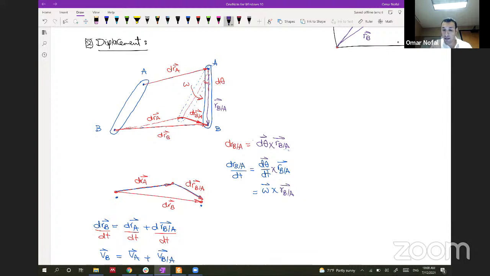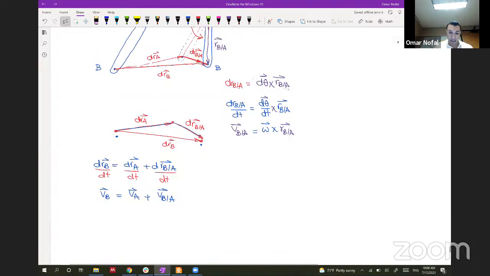If we want to get the velocity, we multiply omega by R. So here, if we want to get the VB with respect to A, this part should be omega cross product RBA. So from here, we can conclude that the VB vector will be equal to the VA vector plus the omega crossed by the RBA vector.